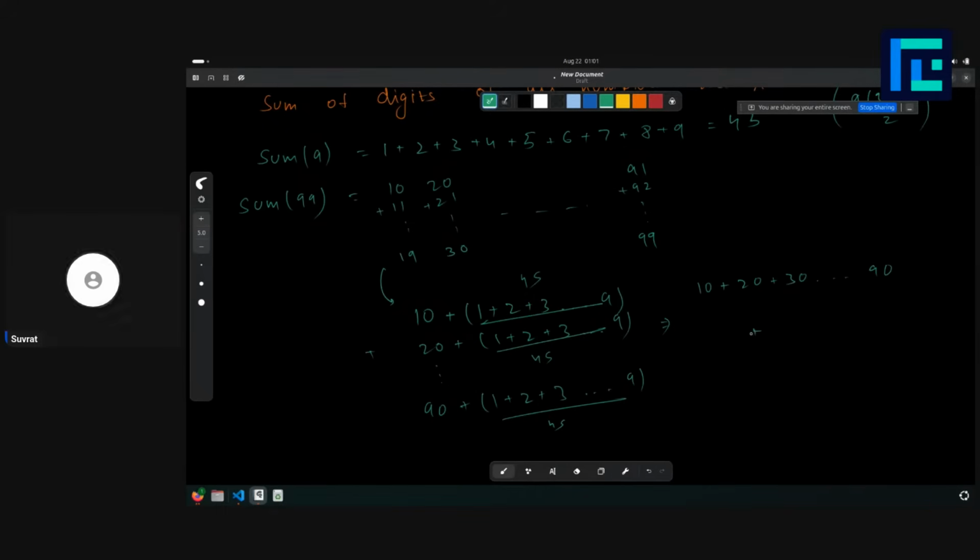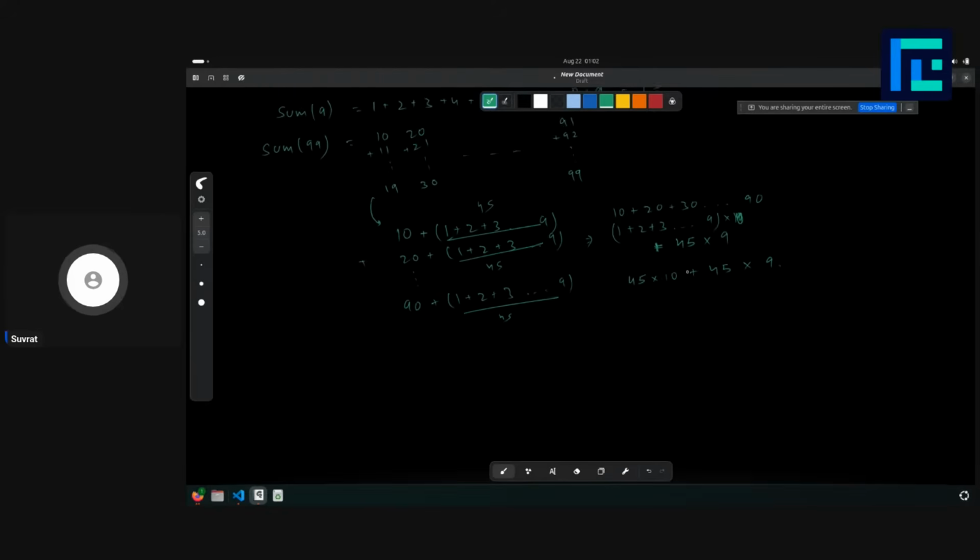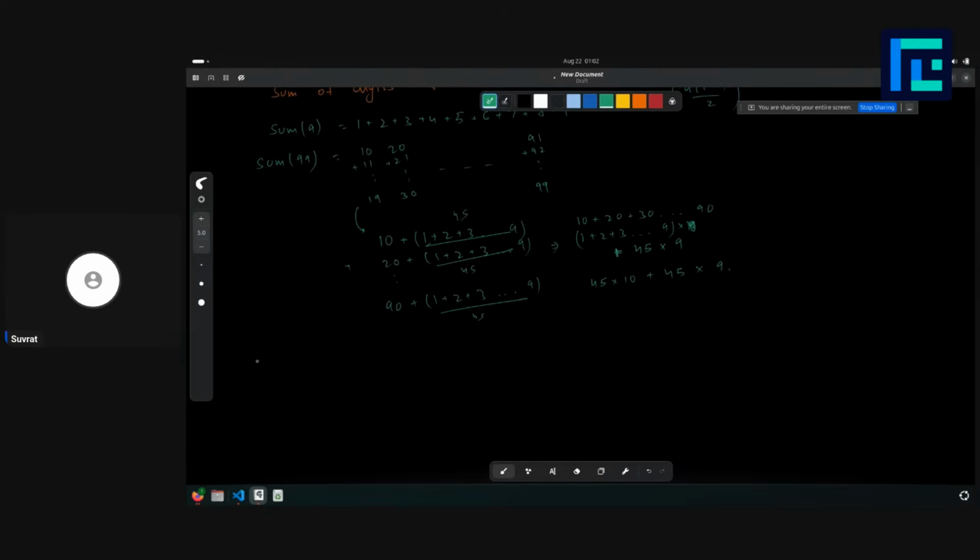So we can see that this is 45, again this is 45, and this is 45. So 10 plus 20 plus 30 till 90, plus 45 into 9, right? And this is again 1 plus 2 plus 3 till 9 into 10. So 45 into 10 plus 45 into 9.